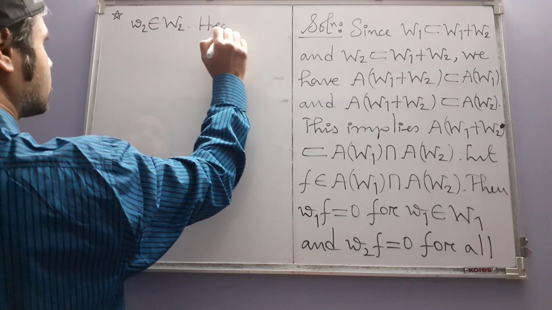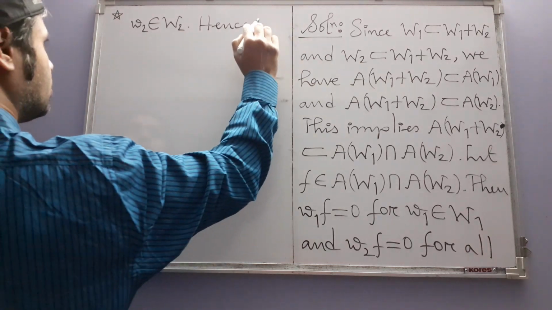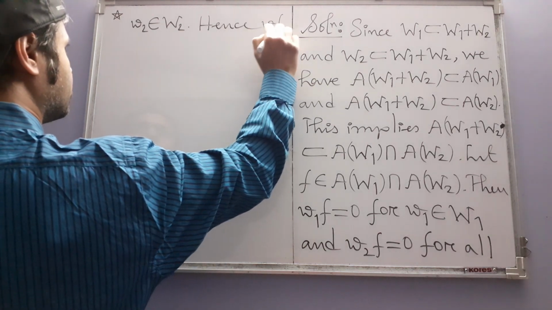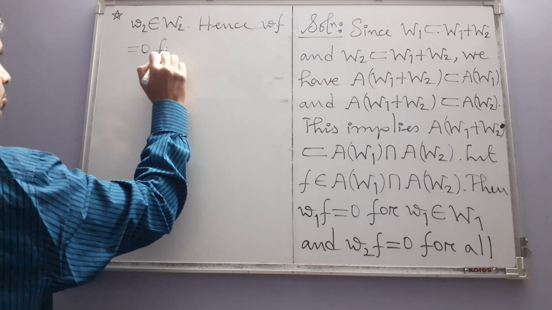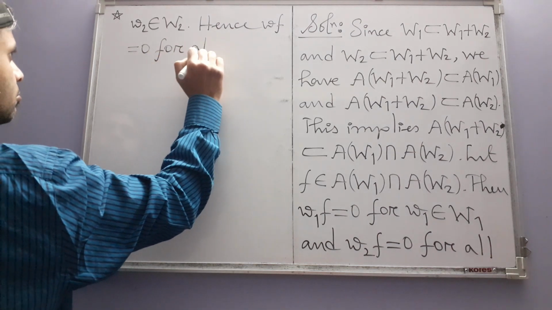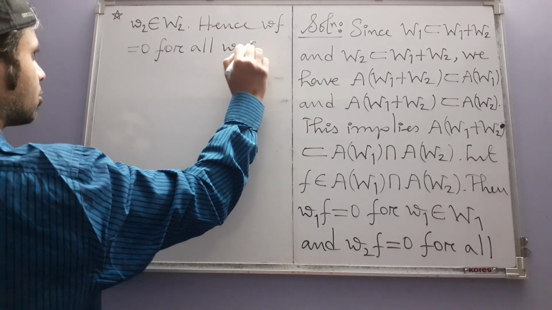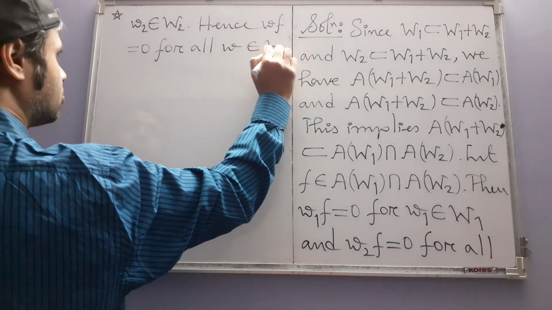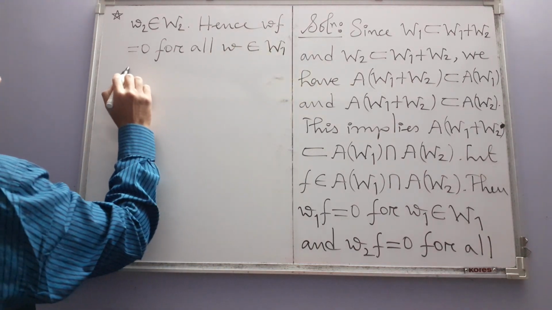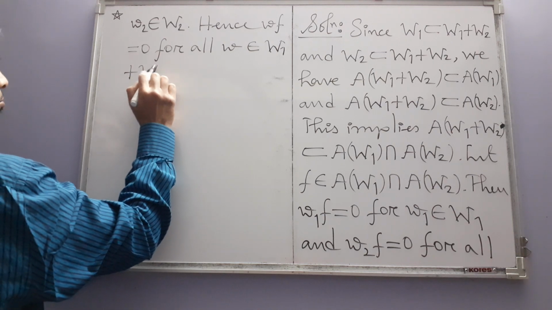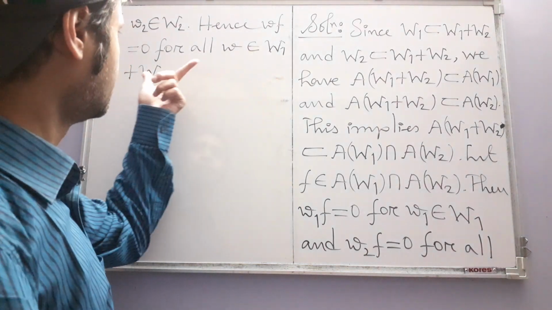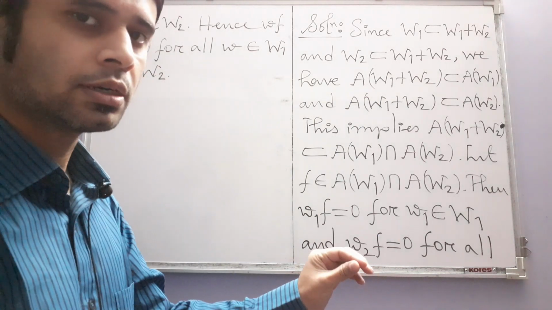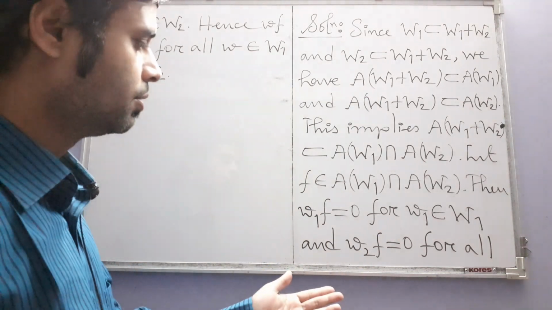Hence, wF will be equal to 0 for all w belonging to this sum. Why? Because any vector in this sum is a vector in W1 plus a vector in W2.